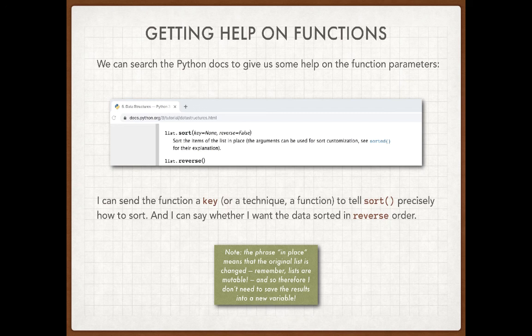So that's why when I was working in the terminal window, I did not need to save the sorted list into another variable. Remember, strings are immutable. So if I'm going to play with strings a little bit, I have to save a string into a new variable. But lists are mutable, so I can change them, quote unquote, in place.